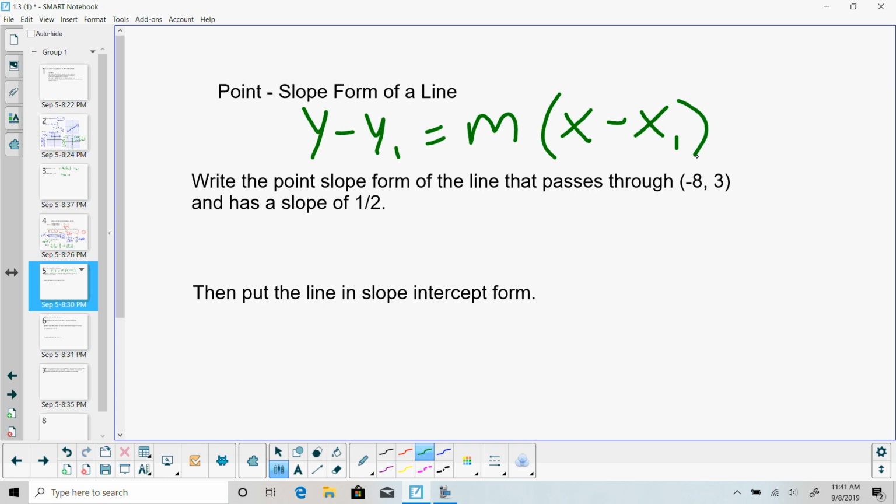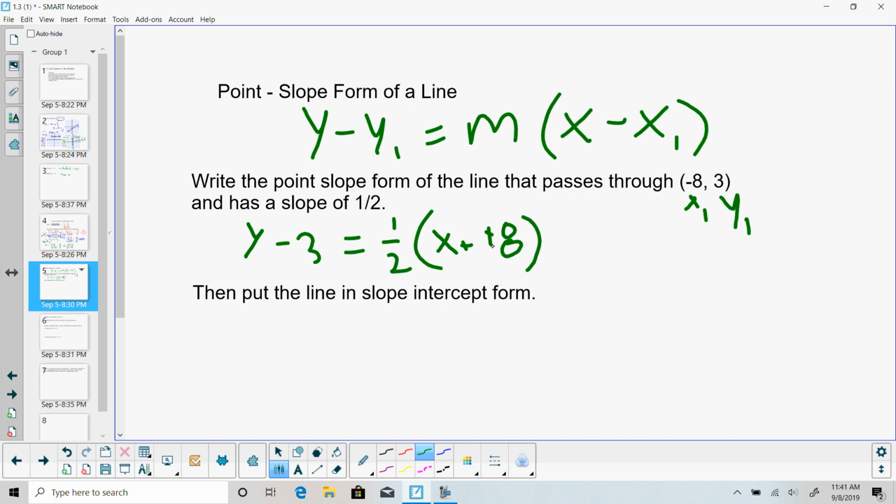So if I'm going to do this, I'm going to use -8 as my x1 and 3 as my y1. So I'm going to write y minus 3 equaling, I need my slope, which is 1/2, times in parentheses x minus my x1. So x minus a -8. And we can clean that up a little bit and say x plus 8.